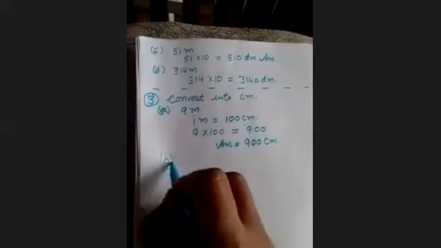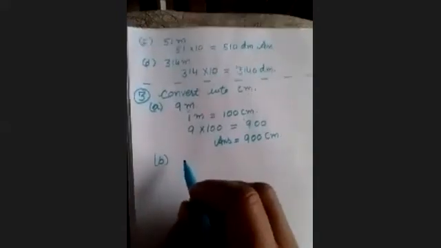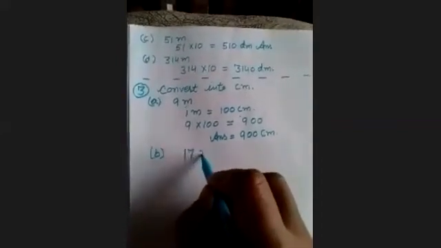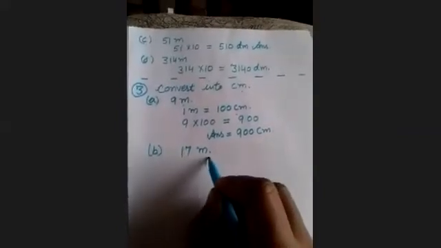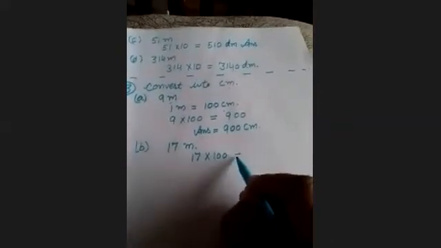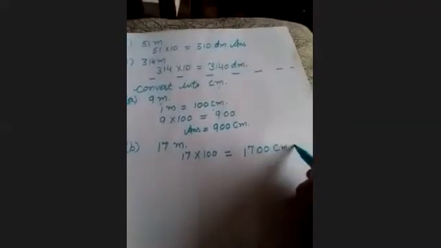Part B is 17 meter. Now convert 17 meter into centimeters. 17 multiplied by 100 is equal to 1700 centimeters.